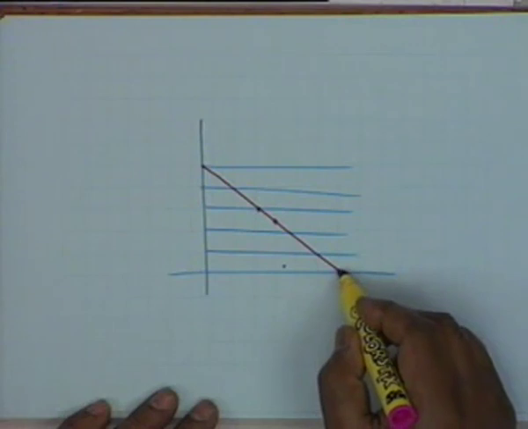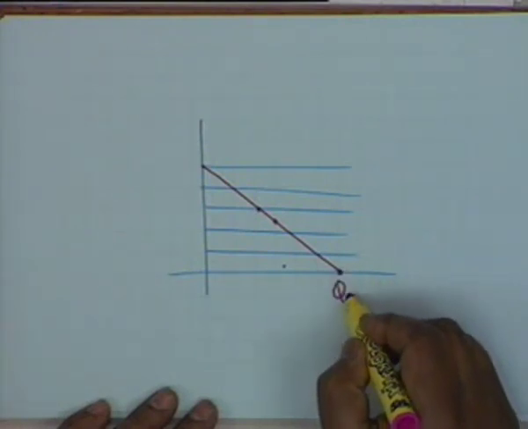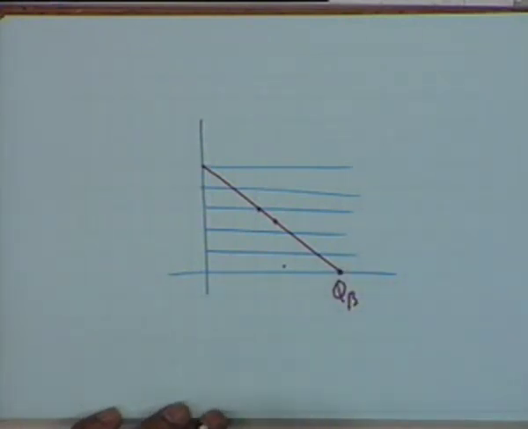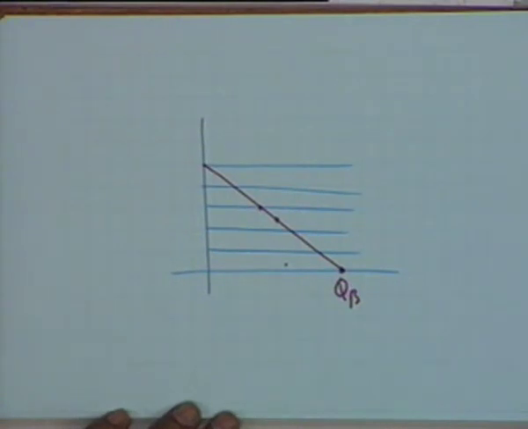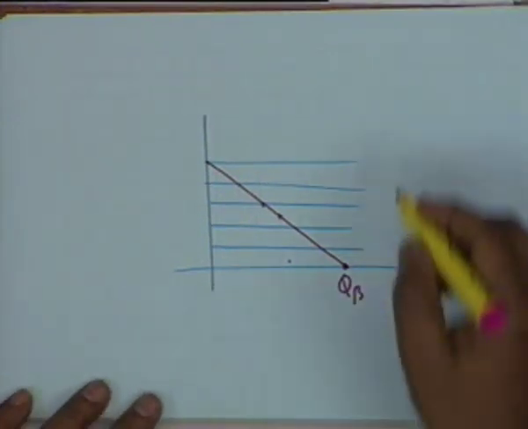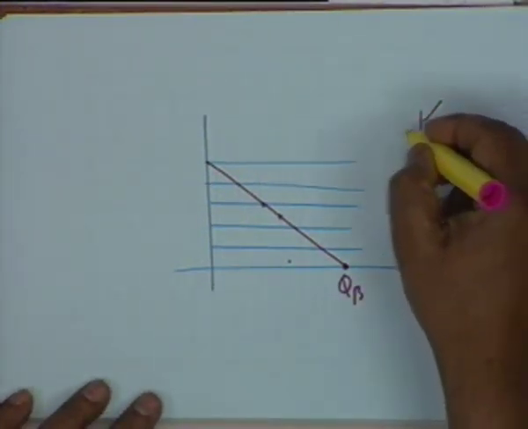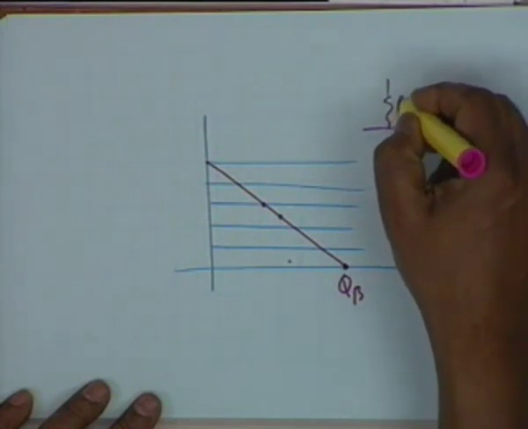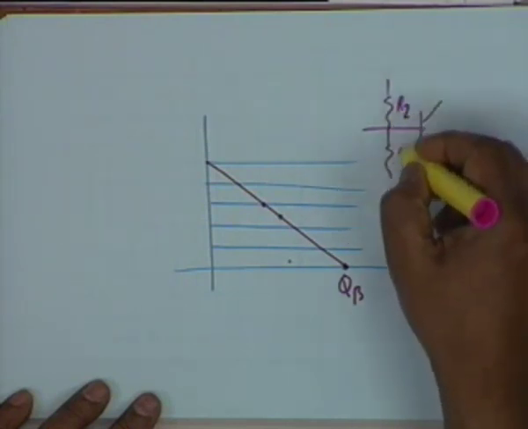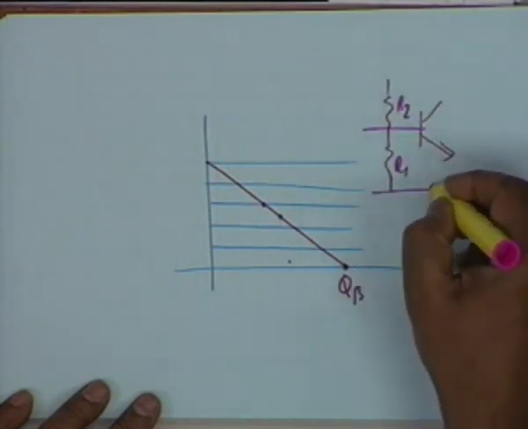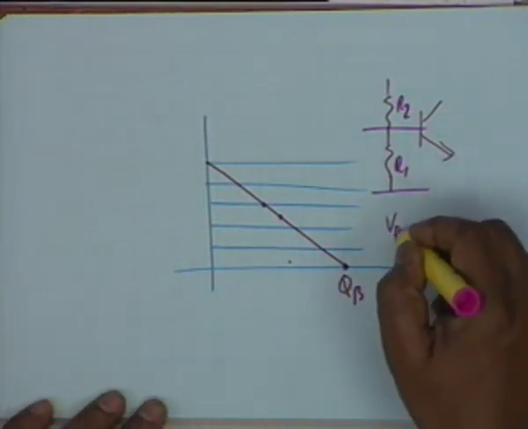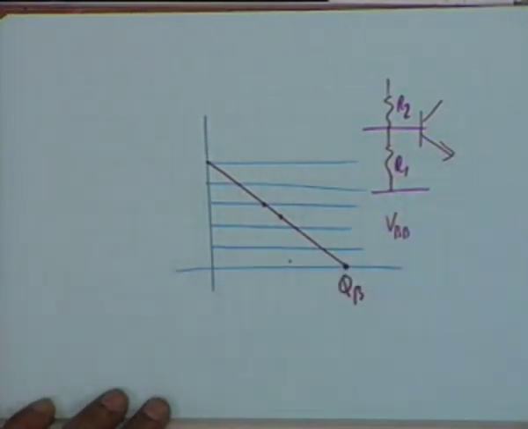In other words, if the Q point is here, let us say QB, then it acts more like a rectifier, isn't that right? It only takes the positive half cycles. Now how is this achieved? This is achieved by biasing the base, by choosing R1 and R2 in such a manner that VBB is just 0.7 volt.